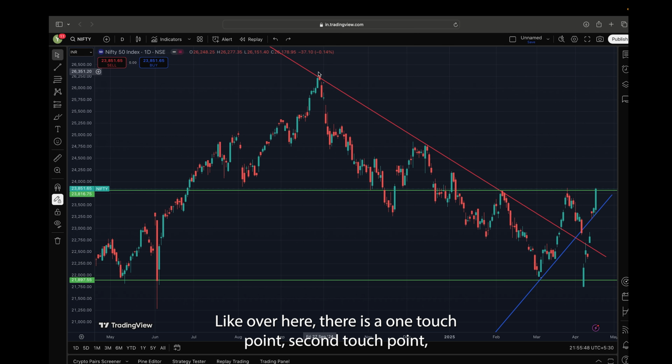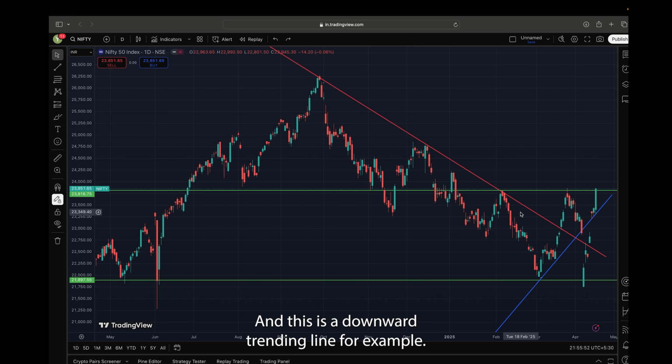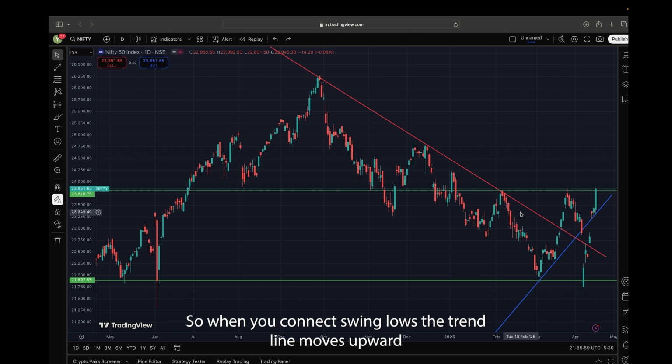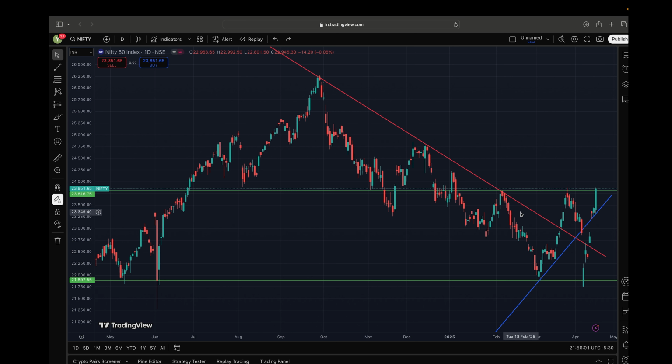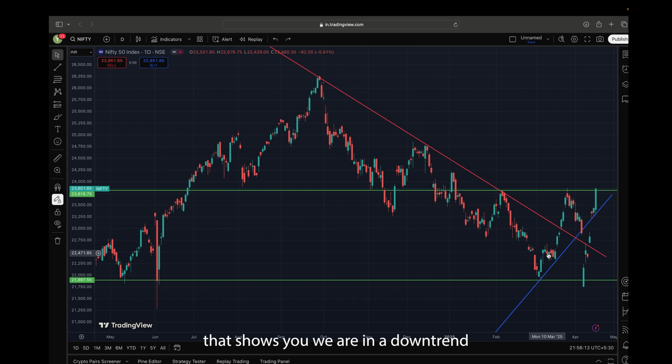Like over here, there is one touch point, second touch point, third touch point, and this is a downward trending line. For example, when you connect swing lows, the trend line moves upward, telling you the market is in an uptrend. Like this one is an uptrend trend line. And when you connect swing highs and the line slopes downwards, that shows you we are in a downtrend, like this one.